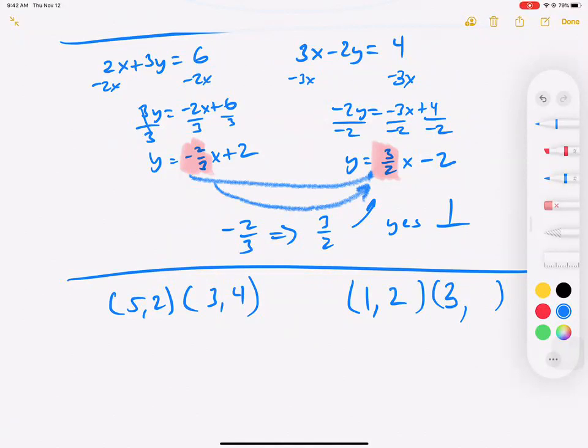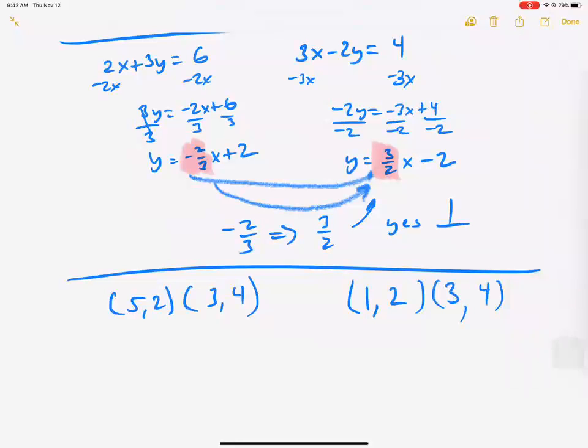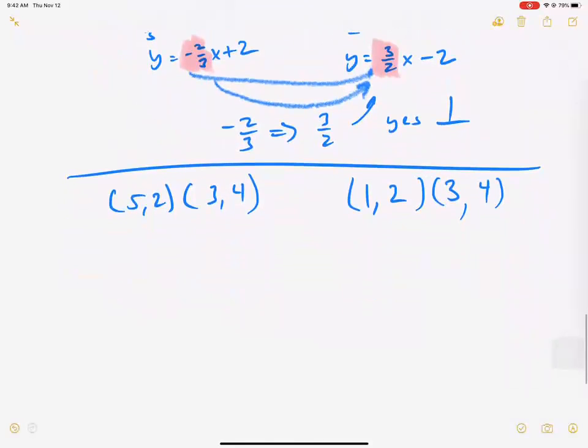Oops. Sorry. That's fine. We'll do 3, 4. Let's check if these points are perpendicular.